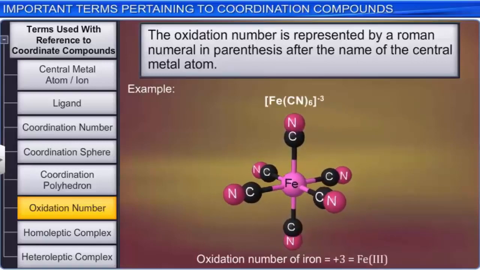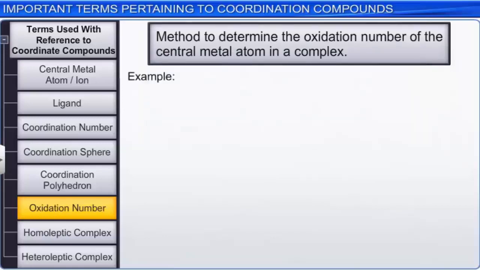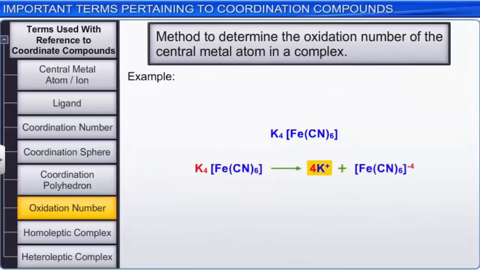Let us learn the method to determine the oxidation number of the central metal atom in a complex. Let's take K4[Fe(CN)6] as an example. As the complex has 4 monovalent cations outside the coordination sphere, the complex ion carries a charge of minus 4. That is, [Fe(CN)6]4-. Let's assume the oxidation number of the central metal atom as x.